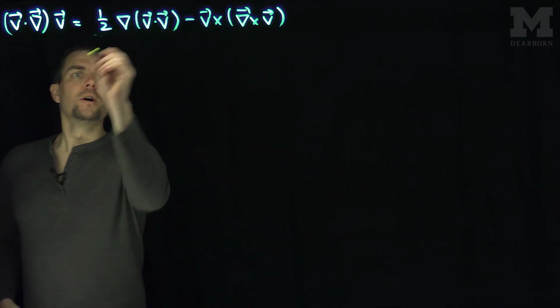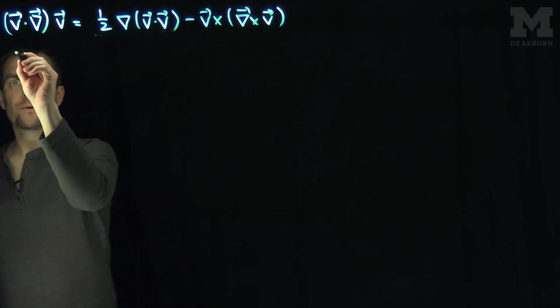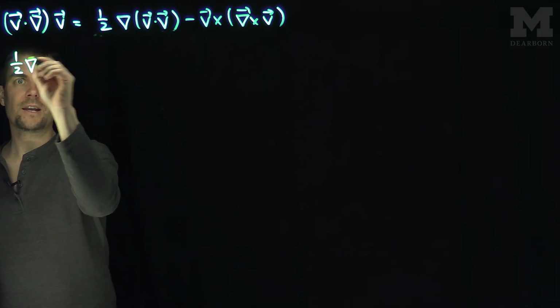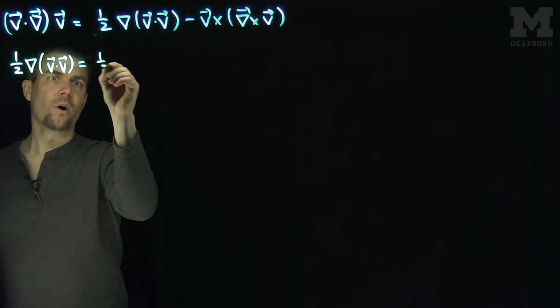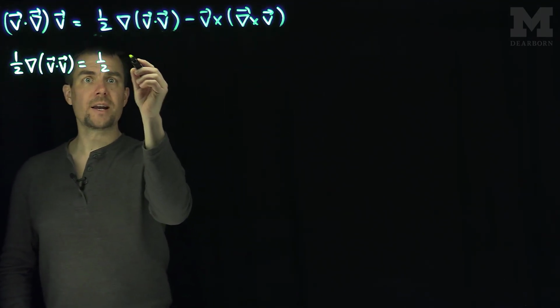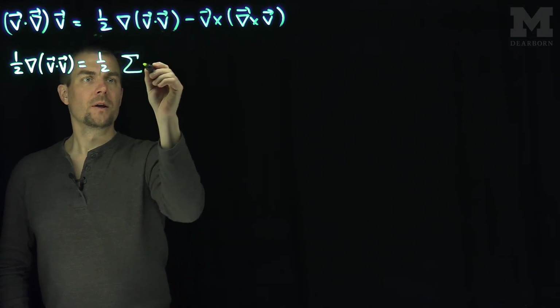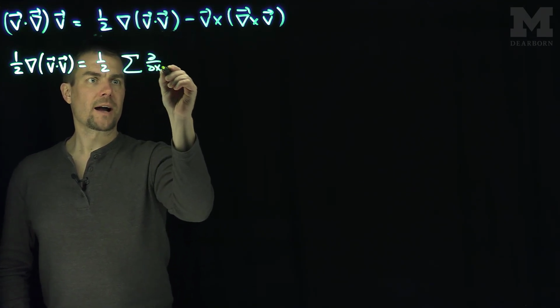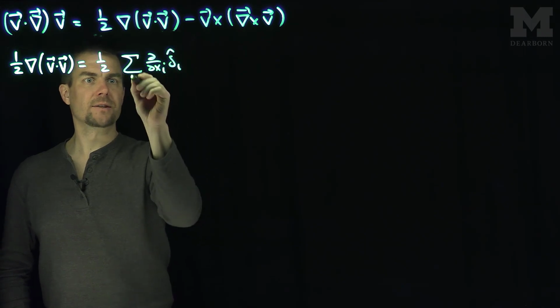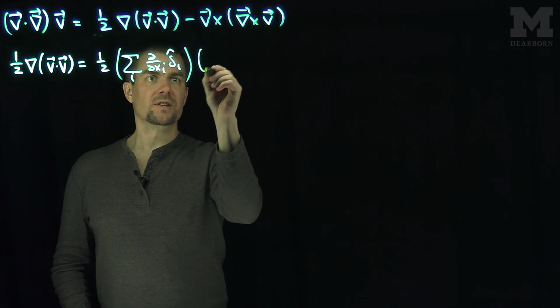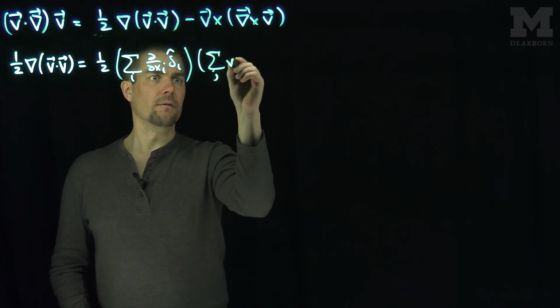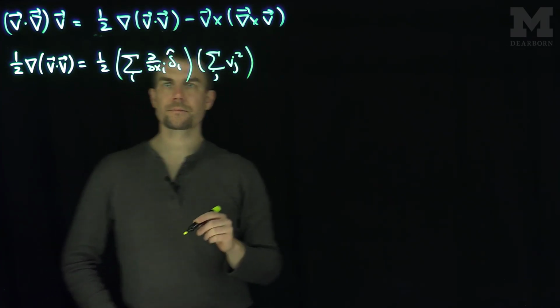So let's prove this. Let's look over here on the right hand side. If we have that first term, 1/2 the gradient of v dot v, well, the gradient is the sum over i of partial xi in the direction of i hat, and v dot v is the sum over j of vj squared.